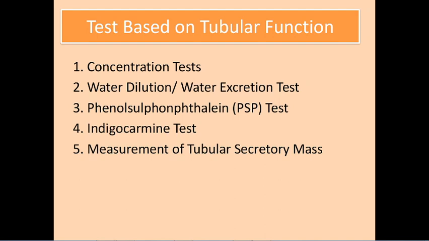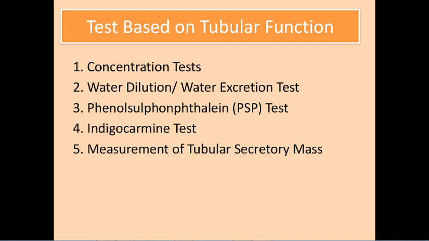The next way to assess renal function is tests based on tubular function. It includes the concentration test, water dilution test, phenol sulfonphthalein test (PSP test), indigo carmine test, and measurement of tubular secretory mass. In the concentration test, urine is concentrated by the tubular reabsorption of water.